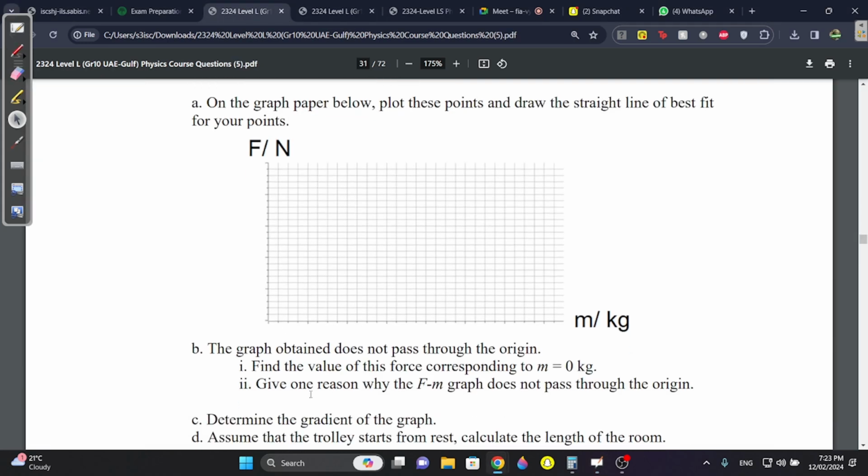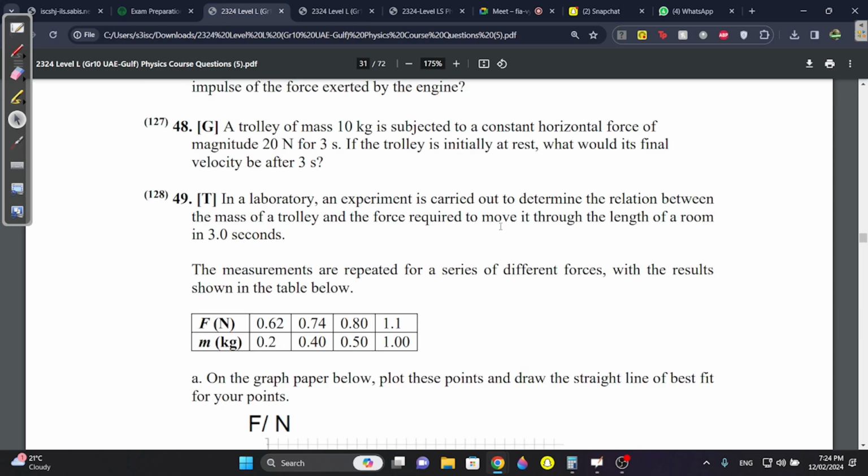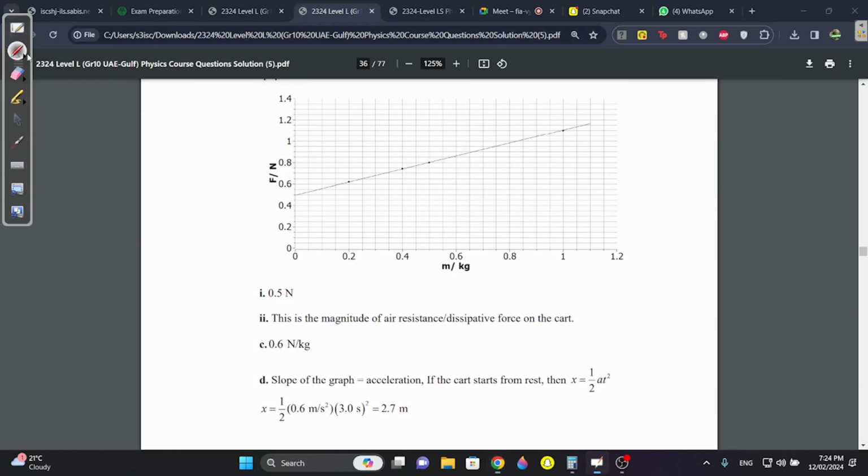Give one reason why the F-m graph does not pass through the origin. Just say this is the magnitude of air resistance. They're talking about the mass of the trolley, and they're pushing the trolley through the room. So one reason why it might not start at 0 is the air resistance.